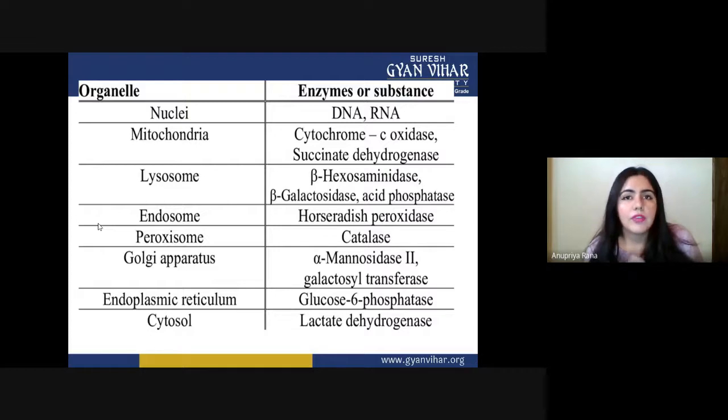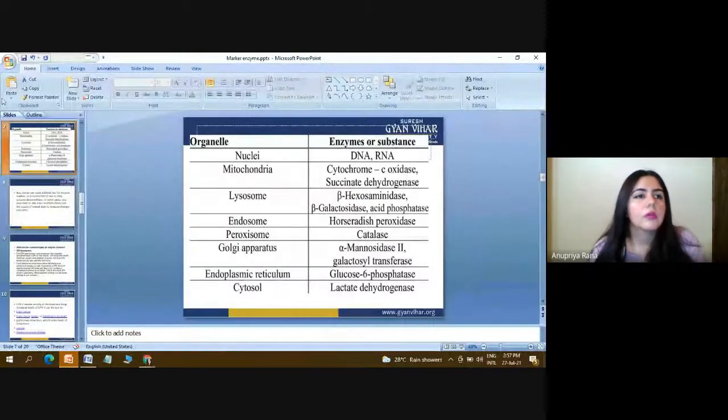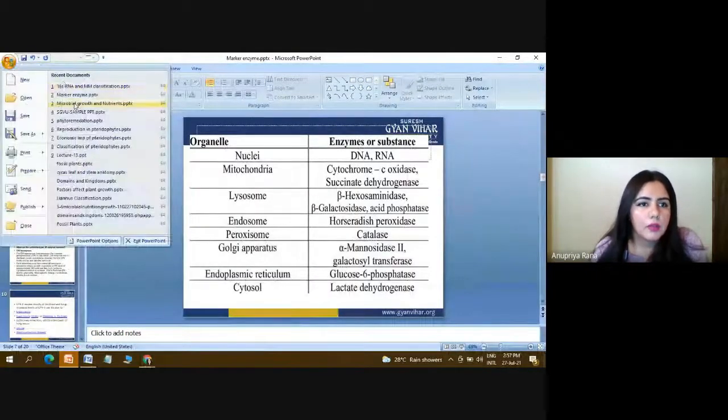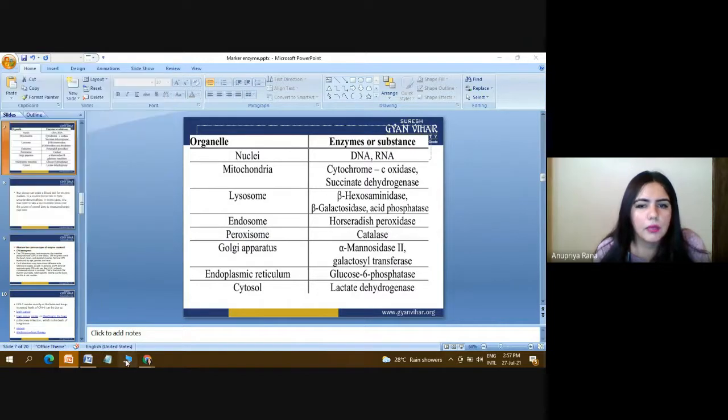What happens inside differential centrifugation? You need to go step by step. I will show you if I had a PPT of the centrifugation right now. It will be easy for you to remember.